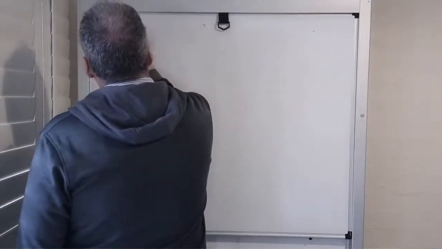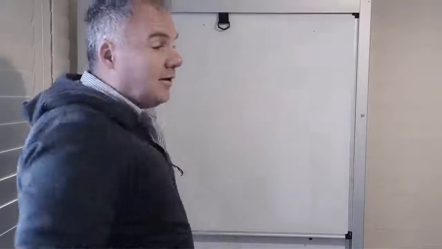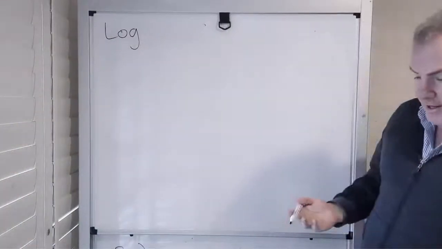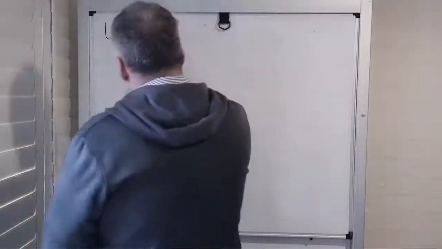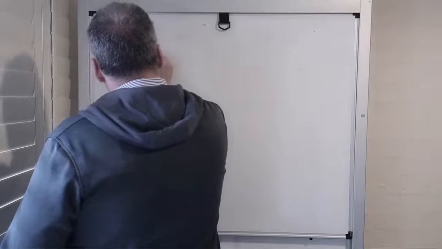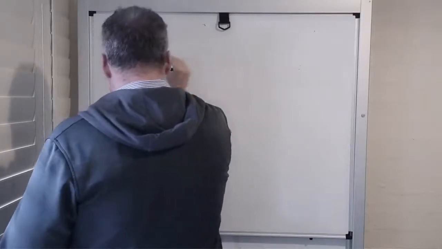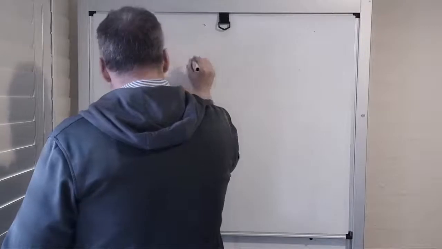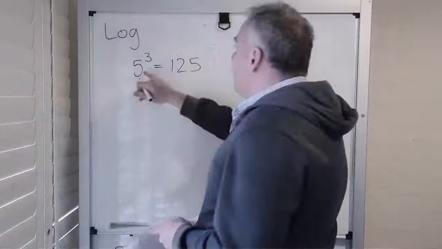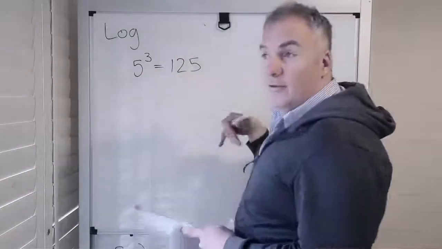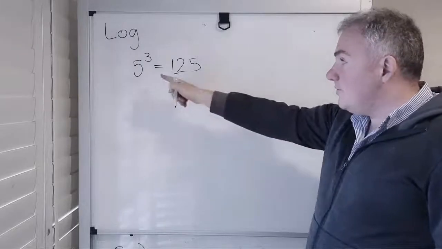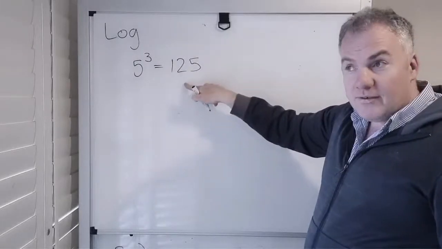Okay, you have a log. It's a way of rephrasing a question you already can do. So you have 5 to the power of 3, which equals 125. That makes the 125, the value you have for that exponential, the subject of the equation.